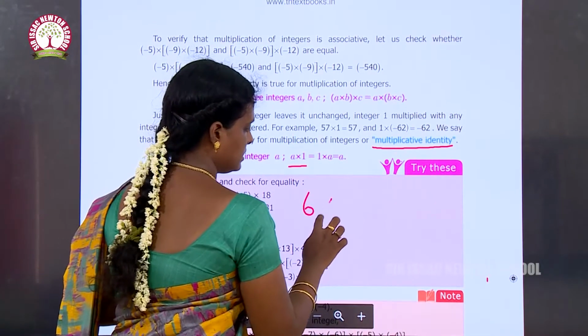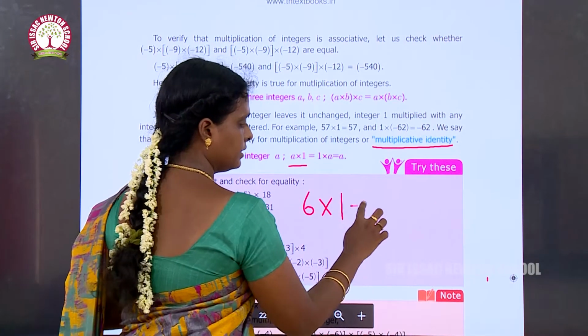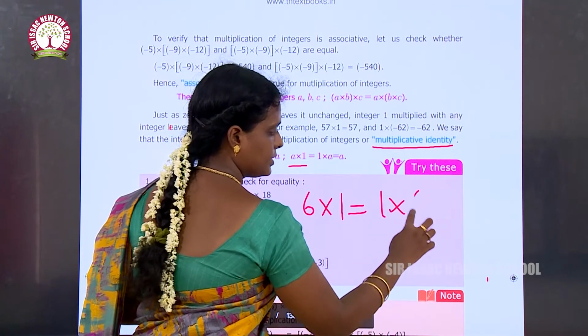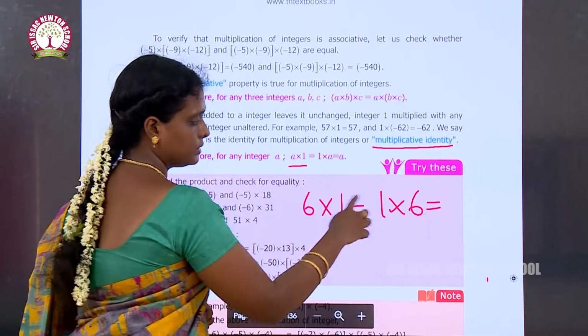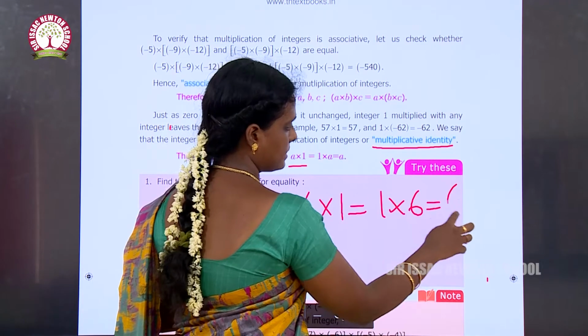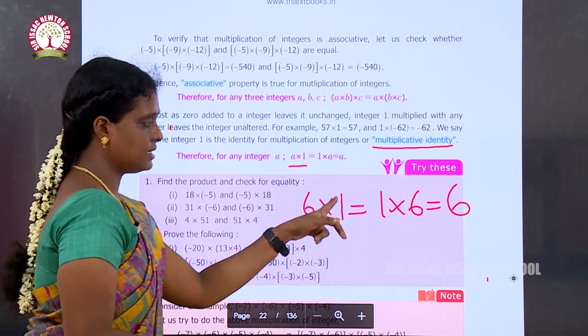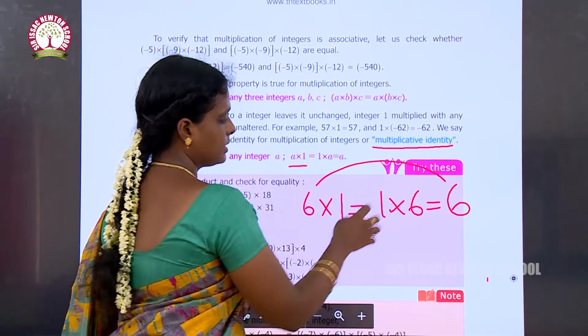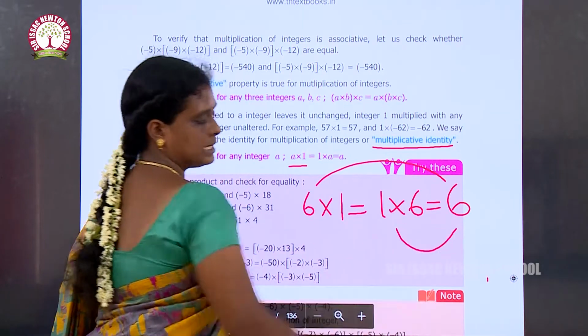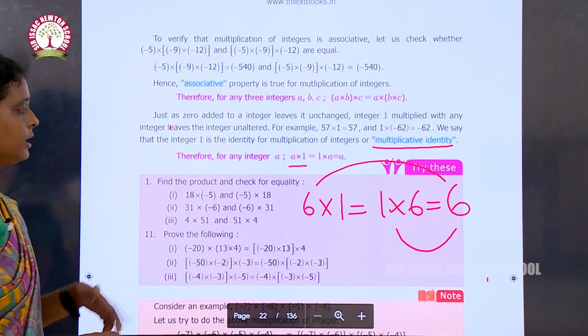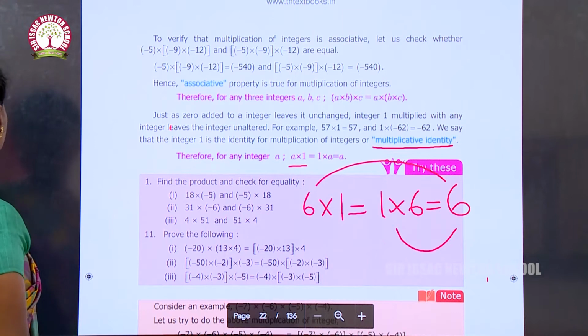So 6 into 1, 1 into 6. For both of these the answer is 6. 6 into 1 is also 6, 1 into 6 is also 6. So this is called multiplicative identity.